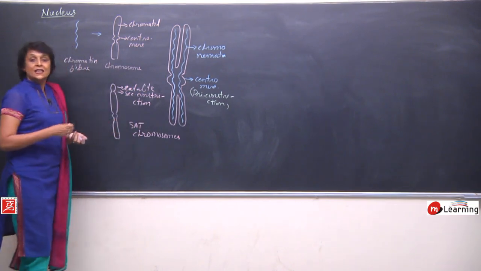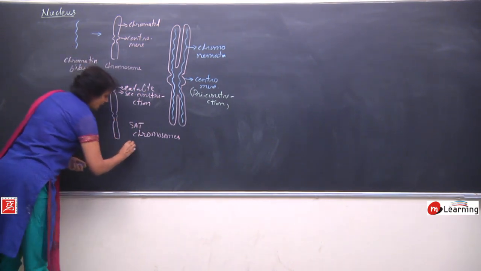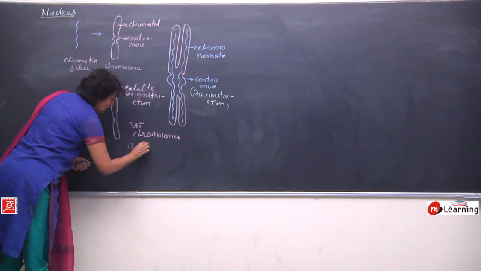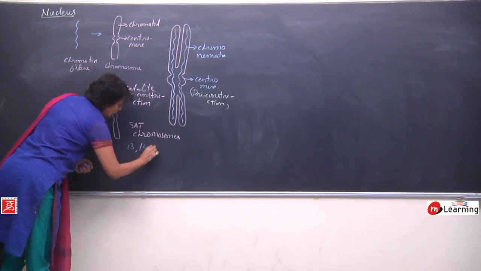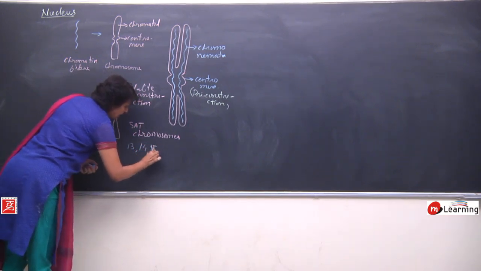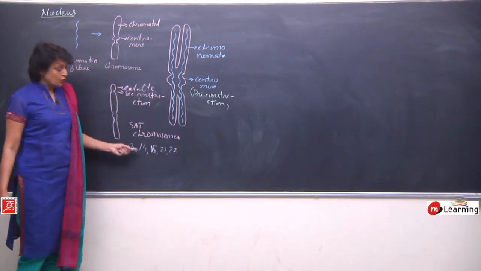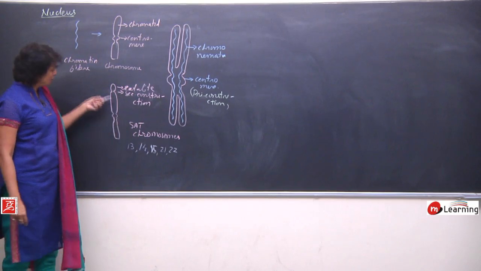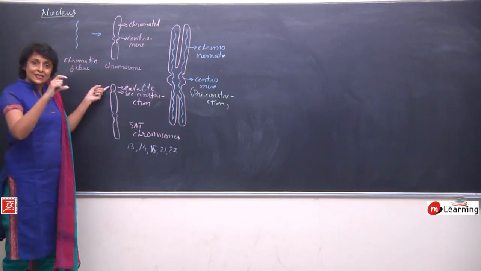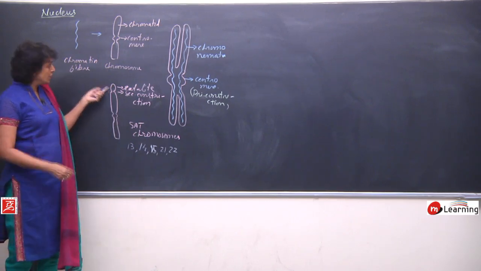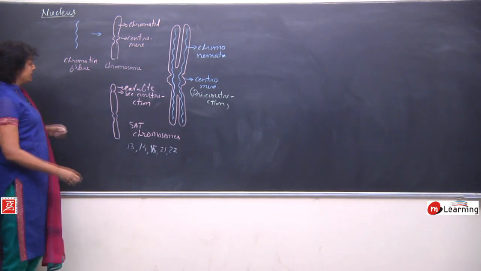In human beings, these SAT chromosomes are 13th, 14th, 15th, 21st and 22nd. So these 5 chromosomes are SAT chromosomes. That means they have this extra constriction, secondary constriction, known as the satellite.